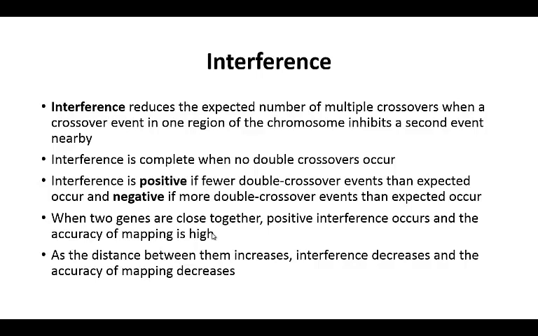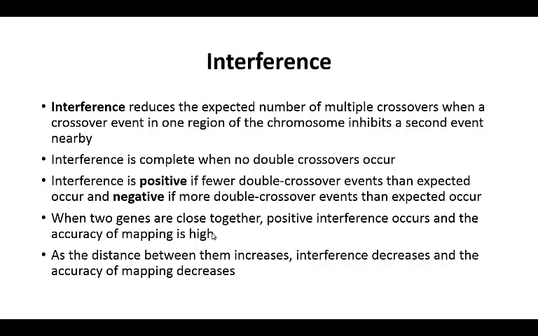You can have complete interference, which is when no double crossovers occur where you would expect them to happen. You can call something a positive interference if you have fewer double crossover events than you expect. And you call something a negative interference if you have more double crossover events than expected would occur.